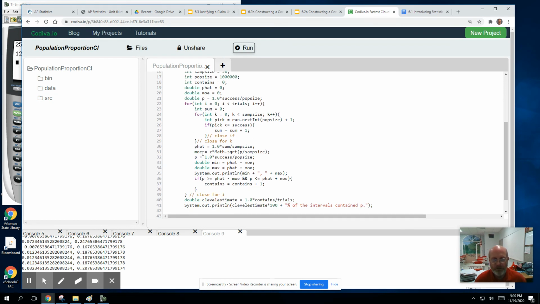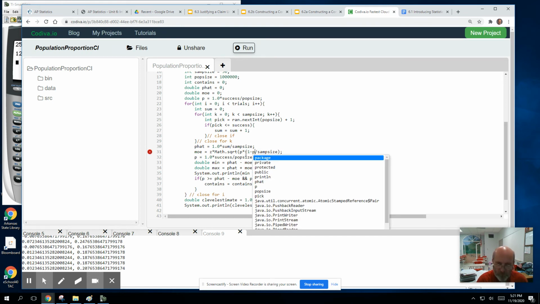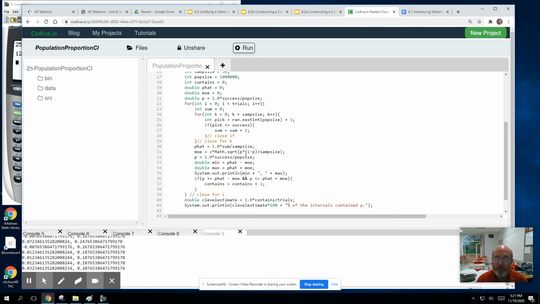So down here, I set my margin of error equal to Z times the square root of P times 1 minus P, divided by sample size.